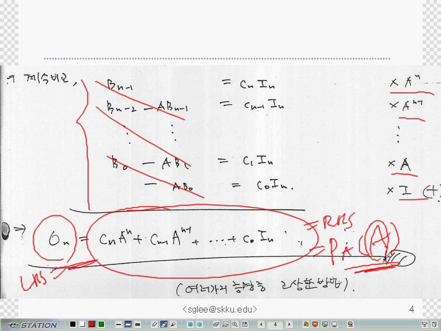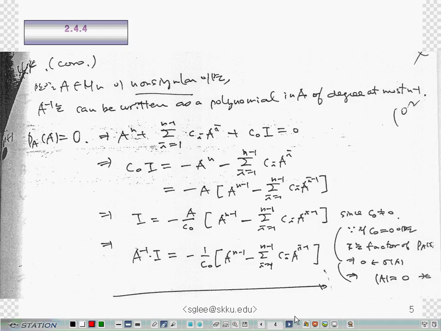There's nothing complicated in this proof. There are many ways to prove the Cayley-Hamilton theorem, but this is one of the beautiful proofs of it.